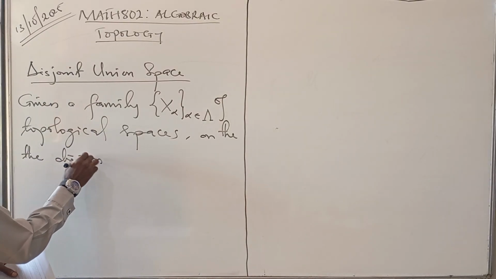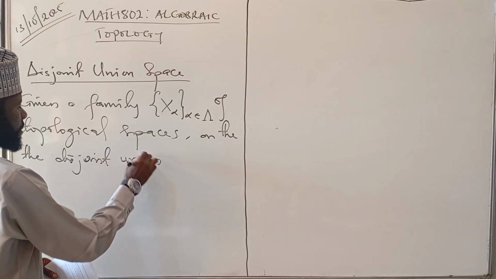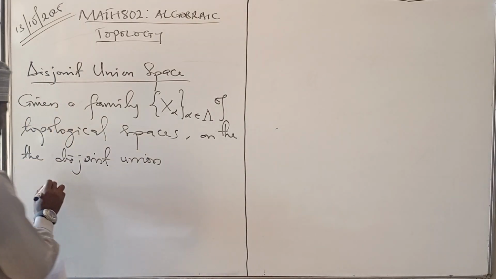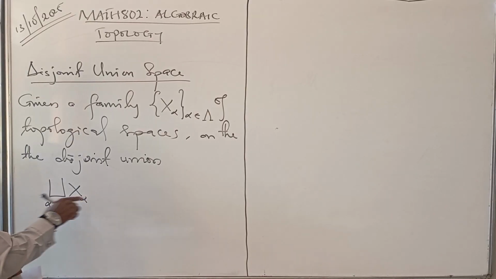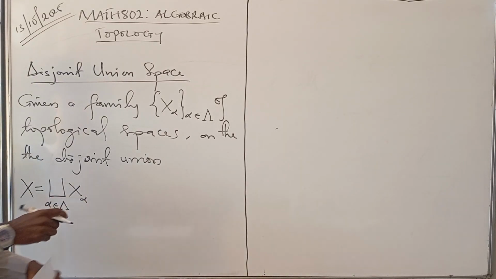disjoint union. You can always form a disjoint union, call it X, of any family of X alpha, alpha in gamma.